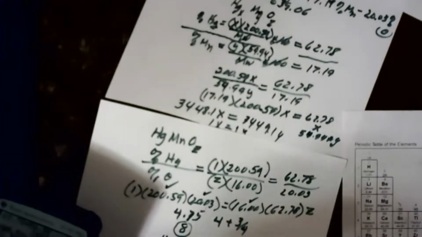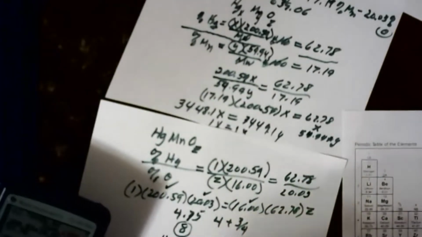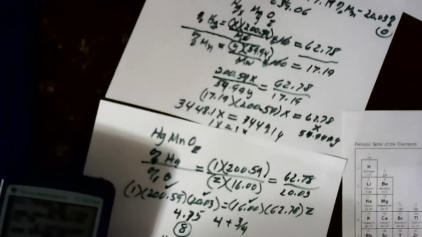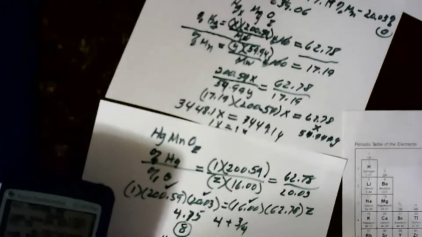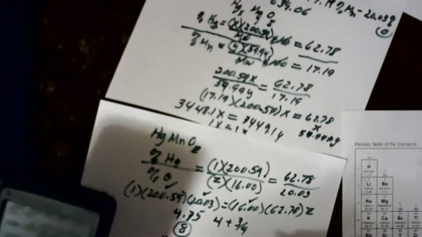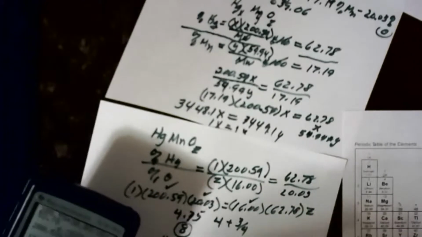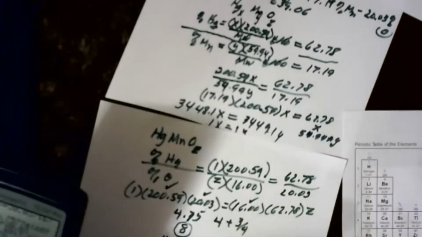Let me do this math over again and see what I get. 200.59 times 20.03. This left-hand side is 4017.8177 is equal to, now, 16 times 62.78 is that, 1004.48 Z. Yeah, I made a math error a while ago.